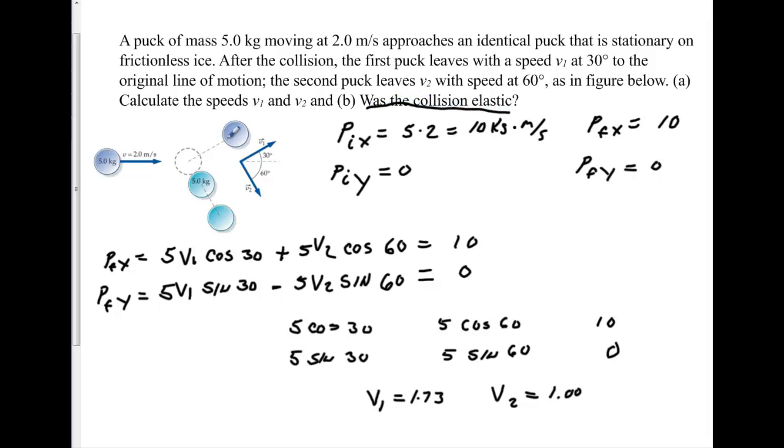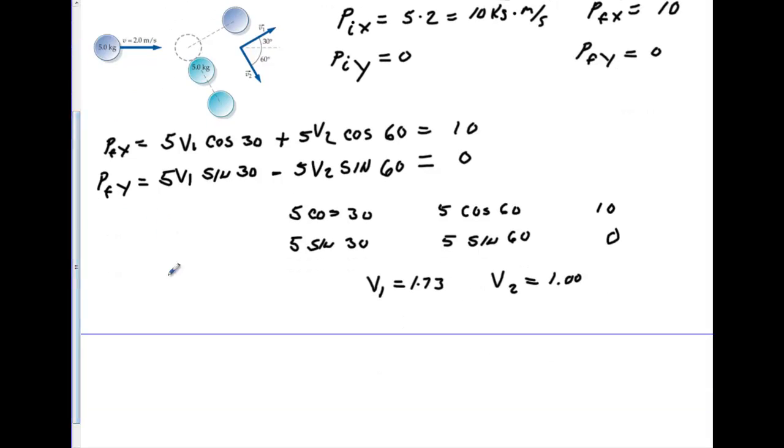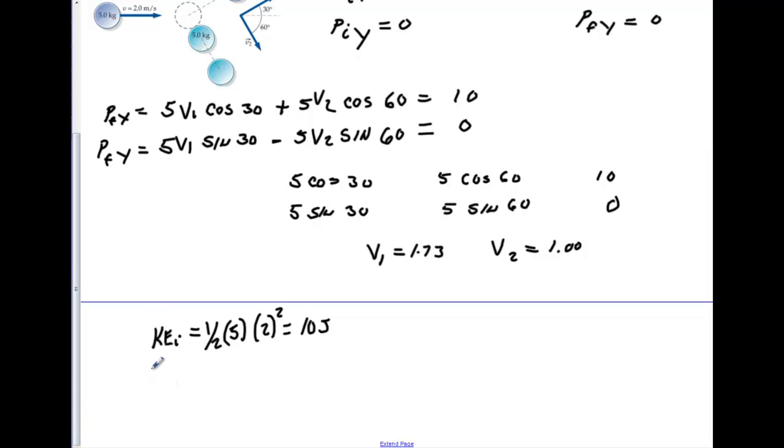Alright, what we want to do now is to prove whether or not this collision was an elastic or a non-elastic collision. So we need to find out the kinetic energy we had initially. The kinetic energy we had initially would equal 1/2 times the mass of the object, which is 5, times this velocity squared. That will give me 10 joules. Alright, let's see how much kinetic energy we have final. Kinetic energy final, and remember, kinetic energy is not a vector quantity.